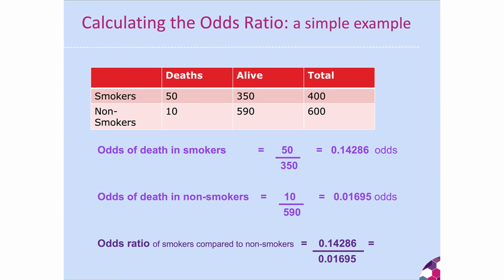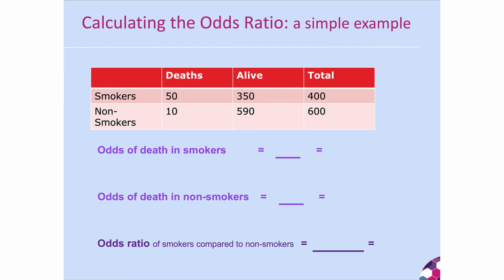And so the odds ratio of deaths in smokers compared to non-smokers is 0.14286 divided by 0.01695, which gives an odds ratio of 8.428. Now you can see here that the odds ratio was higher than the previous slide where the risk ratio was 7.5. Let's just have a look at that just to remind you.